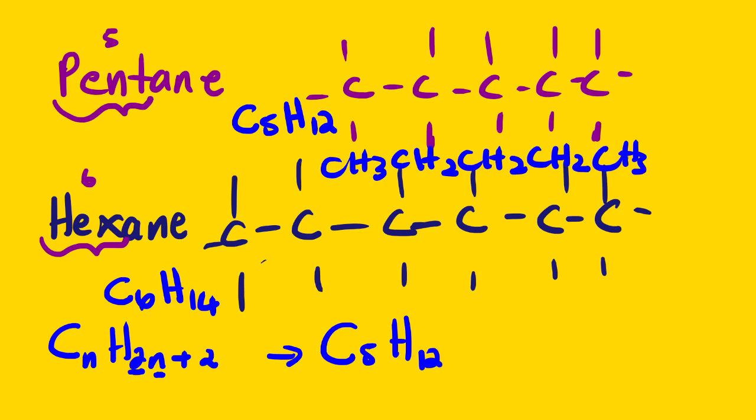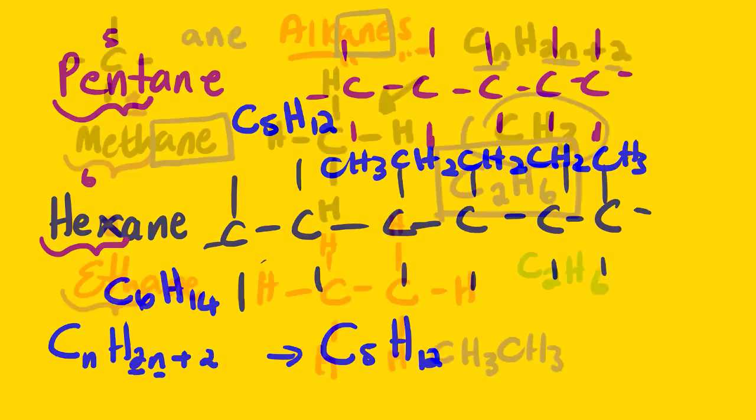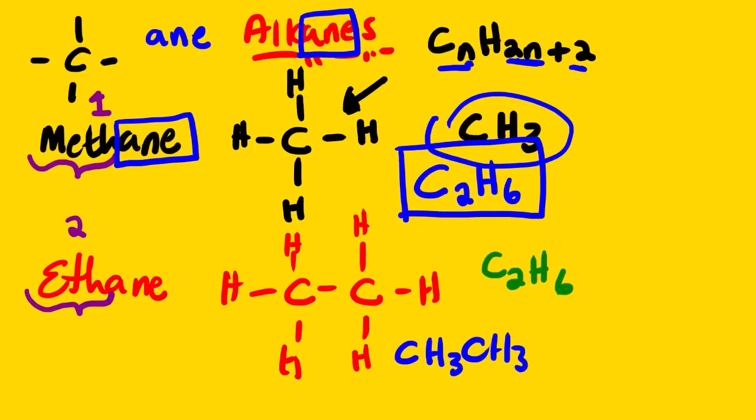Remember that alkanes, they are saturated because they don't have any multiple bonds between carbon and carbon. That's the bonds that we are checking between carbon and carbon. And remember that alkanes, they only have single bonds, and they consist of only carbon and hydrogen.